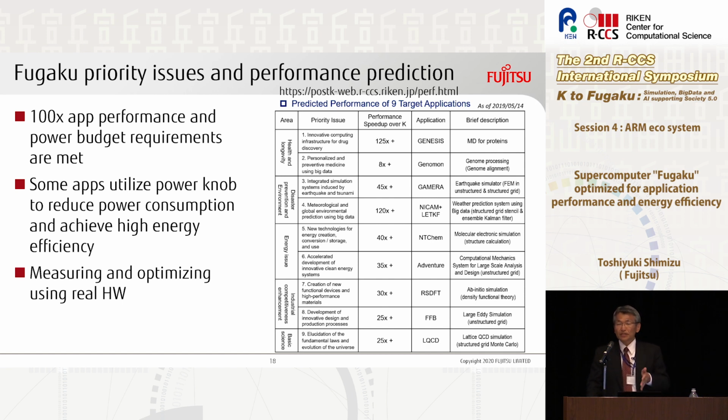And this application power consumption also meets the requirement of the Fugaku supercomputer. Some applications utilize power knobs to reduce power consumption and achieve high energy efficiency. Now we are measuring and optimizing using real hardware.